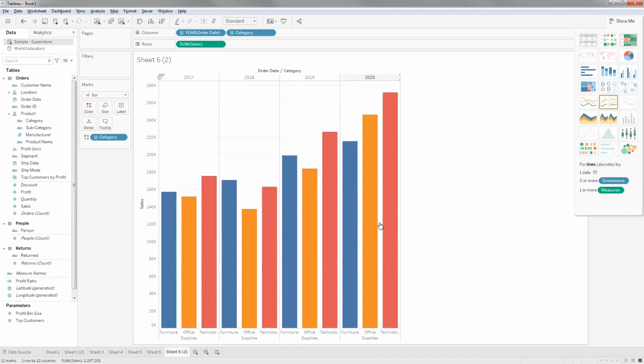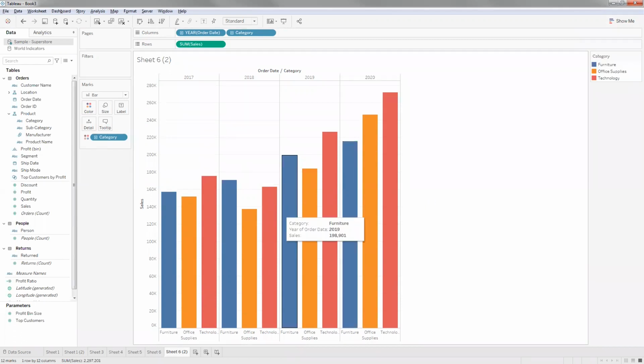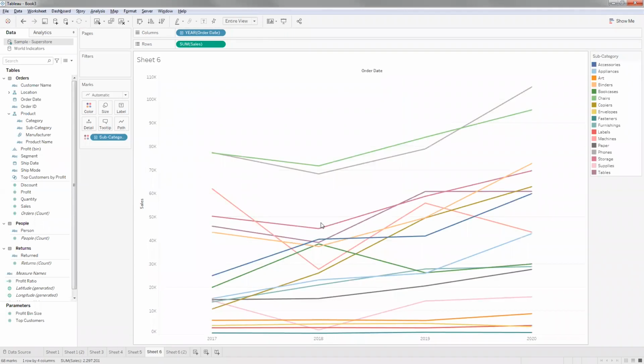So this sort of chart would be most appropriate to compare. So in 2017, I can compare across categories. I can also compare each category across years as well. And a similar line chart will not work in this case. It will just be too much clustering, and no one will be able to make sense of what's happening.